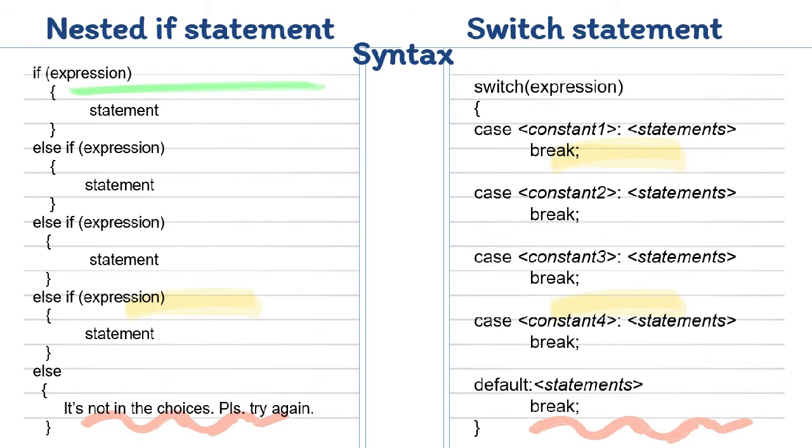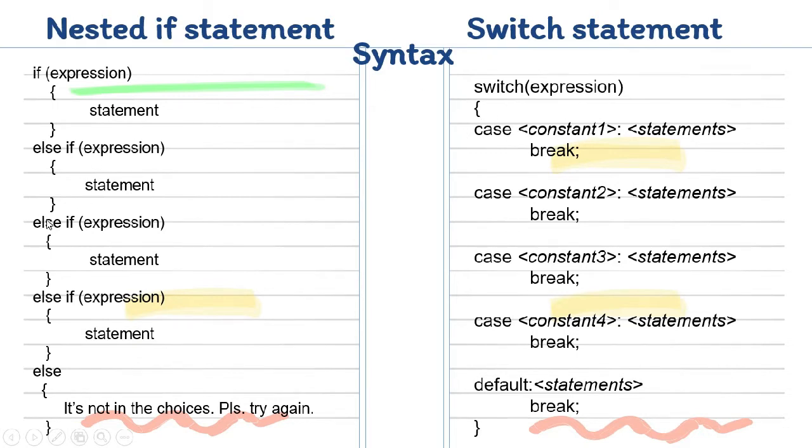Since the statement to be used is switch, of course the first statement of the code is switch, and then the expression inside the parentheses is equivalent to the nested if statement, so equivalent to if and then the expression inside the parentheses. And then the else if is another choice or another option equivalent to case 1.